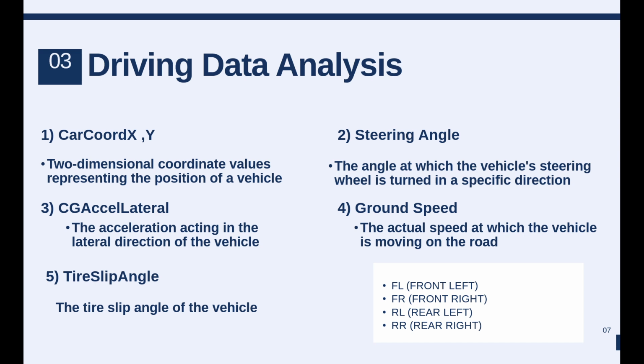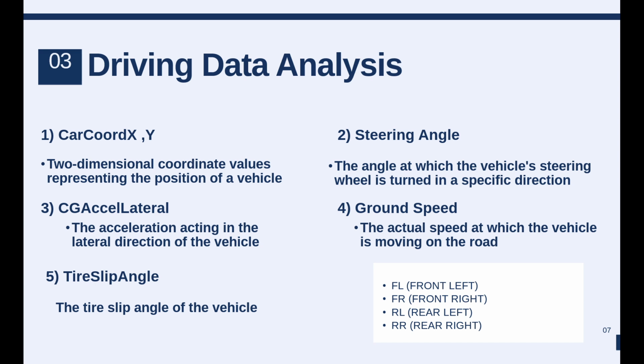Before diving into the driving data analysis, I selected five key data types from the available data. The 2D coordinates represent the driving trajectory. The steering angle indicates steering performance. The CG acceleration shows the vehicle acceleration.